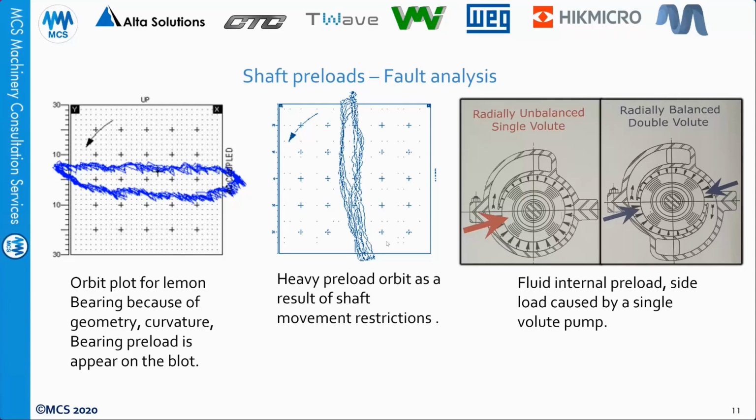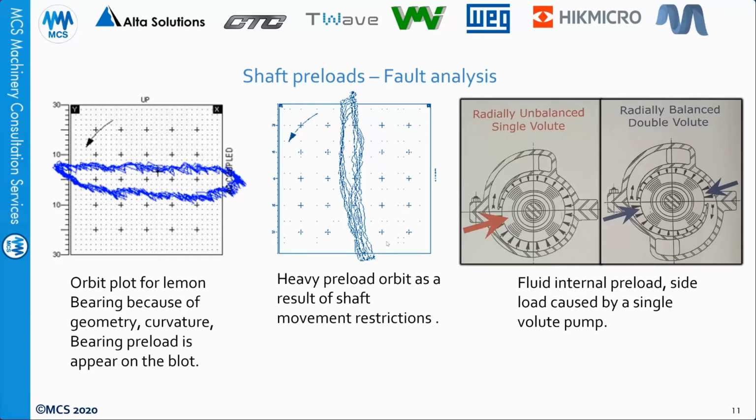That's why you have more flexibility in the horizontal direction and less flexibility in the vertical direction. You have less stiffness in the horizontal and higher stiffness in the vertical. This is the main reason the shaft is moving more in the horizontal direction than the vertical, and you see the orbit, as you can see. If you look at the amplitude, it is about 30 microns peak to peak.